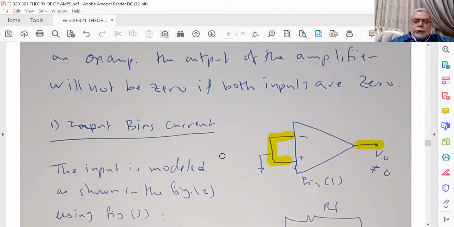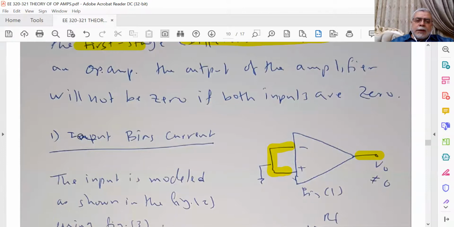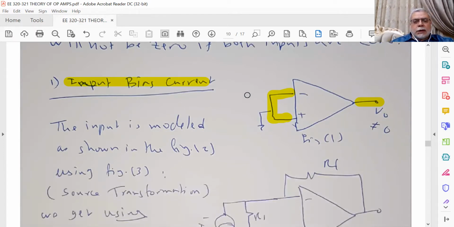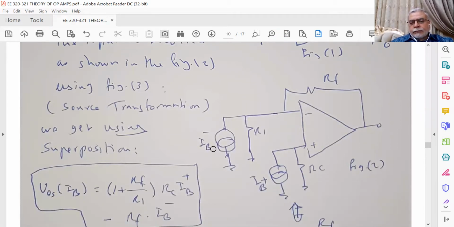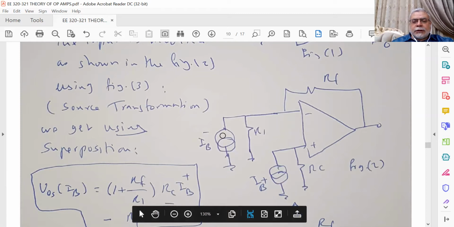We have two things to study: the input bias current, which is the difference between IB of the first transistor and IB of the second transistor, so IB1 and IB2. This is the model of the circuit: a certain current at the negative input and a certain current at the positive input.